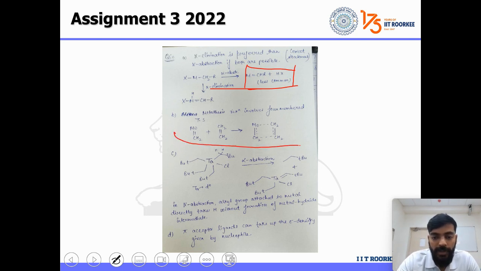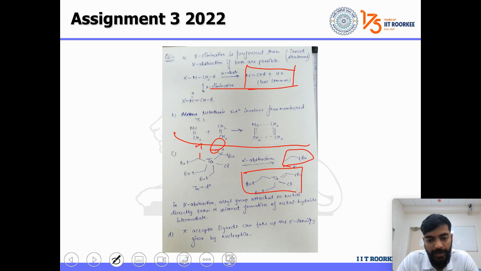Metathesis, again I have discussed. See alpha abstraction, this, and your product is this. From here one hydrogen, and it will be this, and this is your alkene product. So in alpha abstraction, the alkyl group attached to the metal directly takes the hydrogen without formation of a metal hydride intermediate.